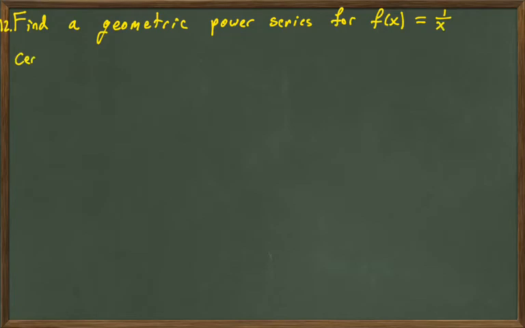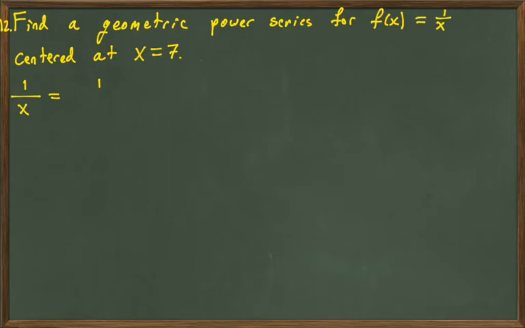So, example number 12, let's find a geometric power series for the function 1 over x, and then we're going to center it at x equals 7. So 1 over x, we can rewrite this.